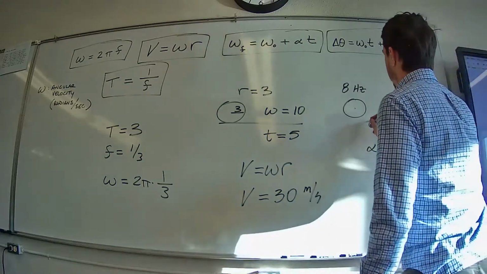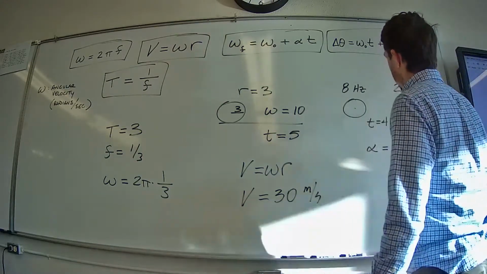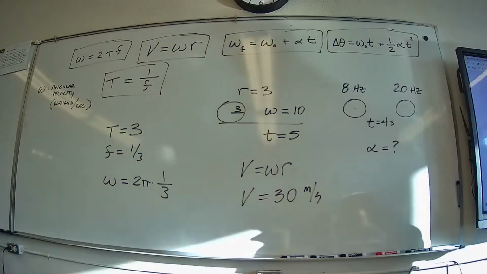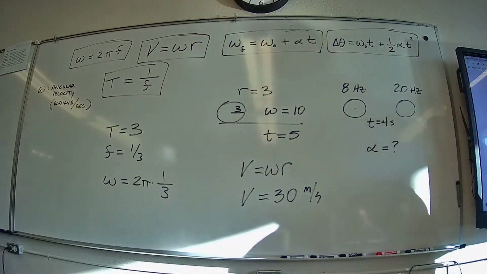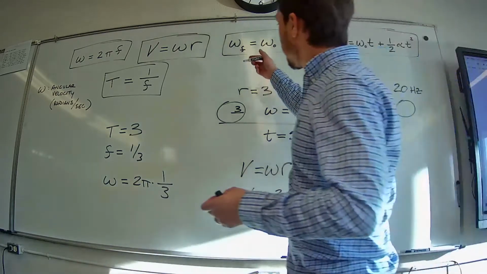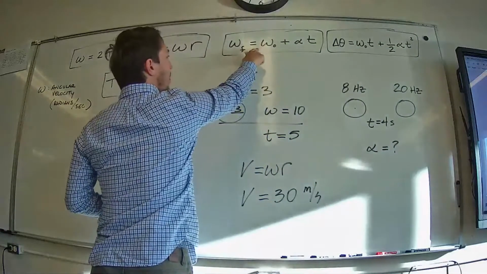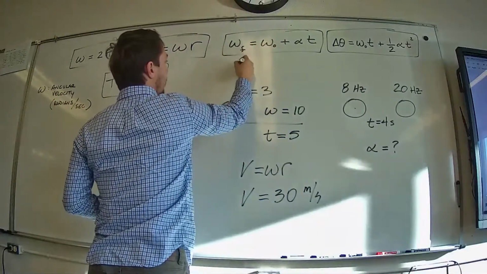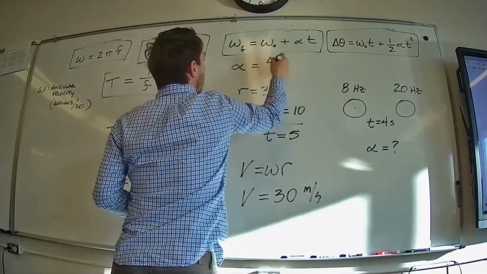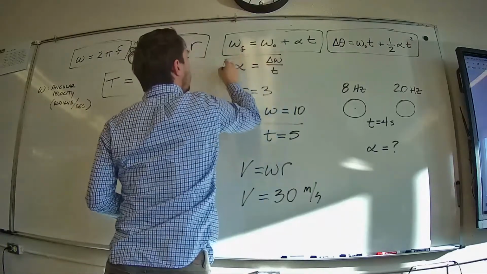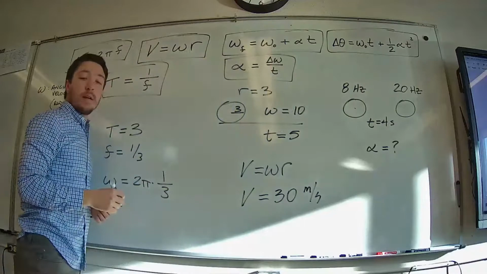And the time period was 4 seconds. You all agree with the way the information is written? This equation here is equivalent to just writing that angular acceleration is the change in omega over time. You feel okay about that?